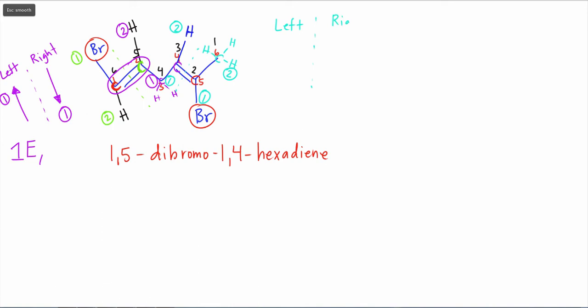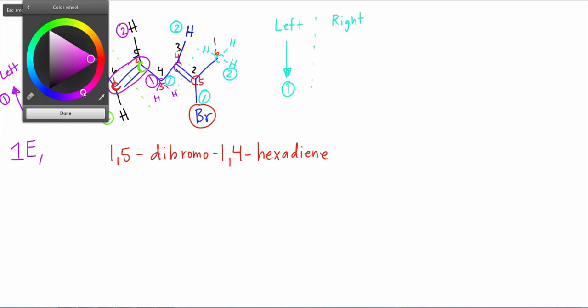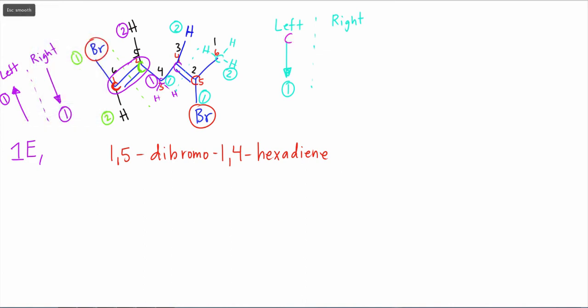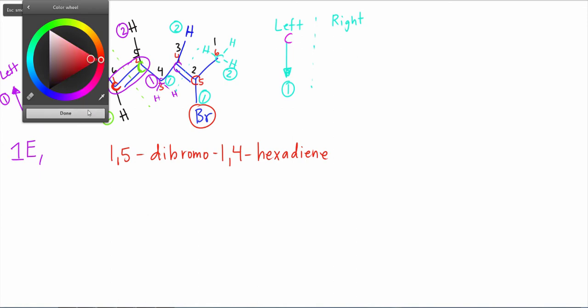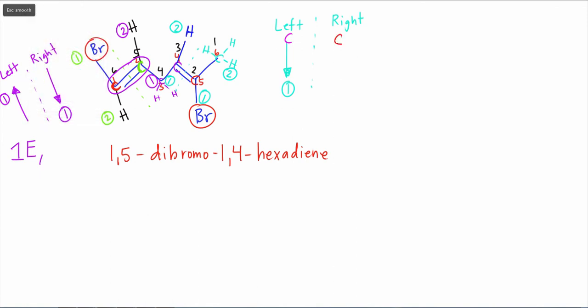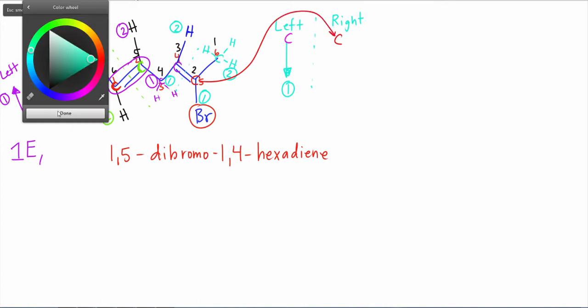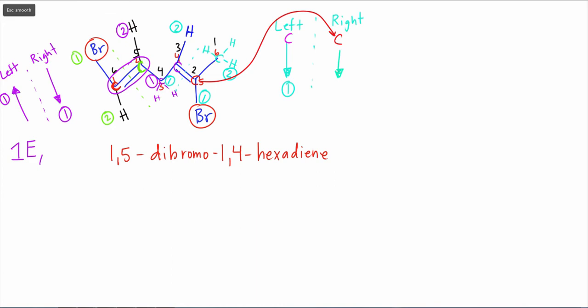So I have to do this again, left, right. You don't have to write this out if you can see it, but I'm just doing this for demonstration purposes. So I have priority 1 going down on the left side of the double bond, which is the purple carbon, and on the red carbon over here, your priority 1 is going down again.